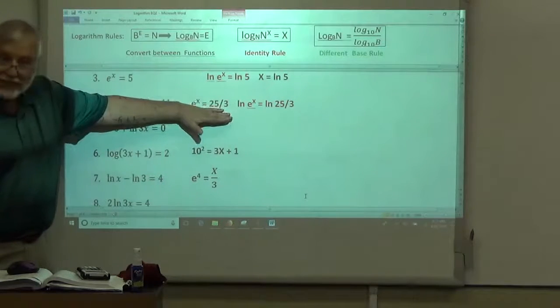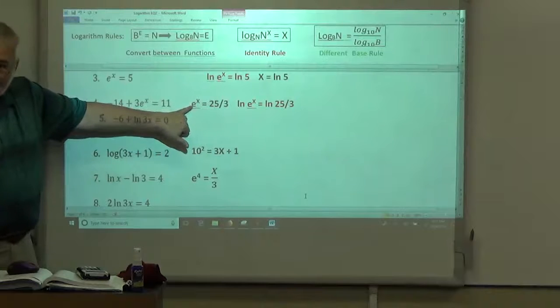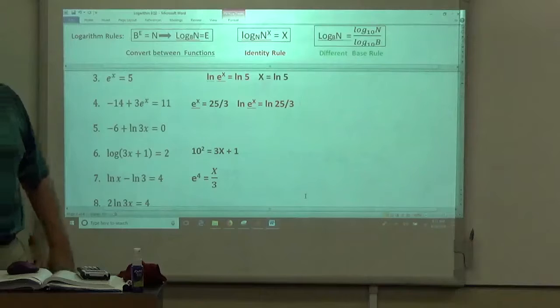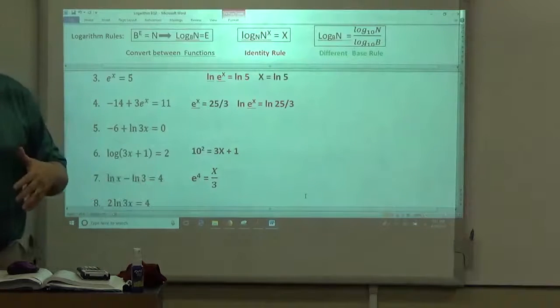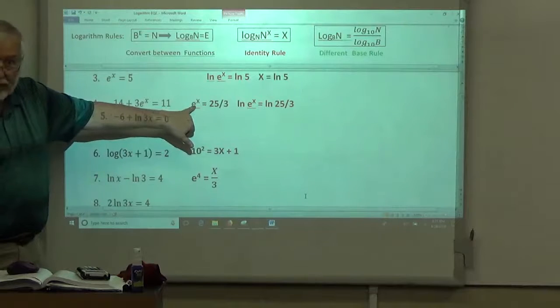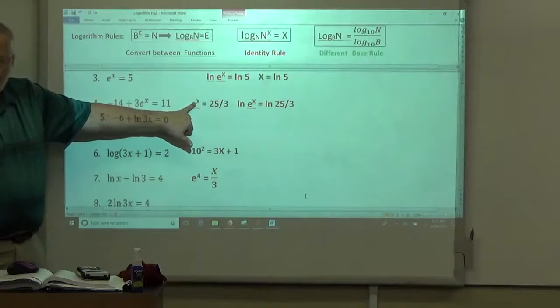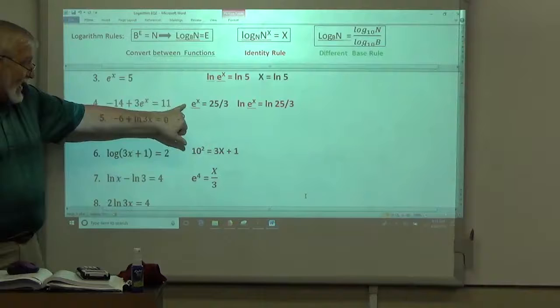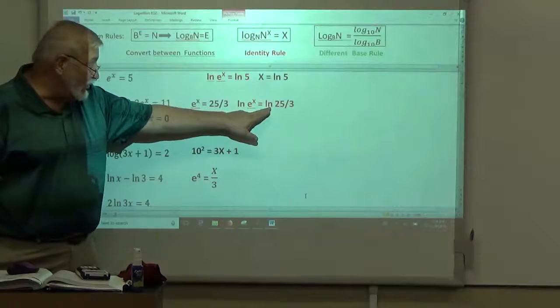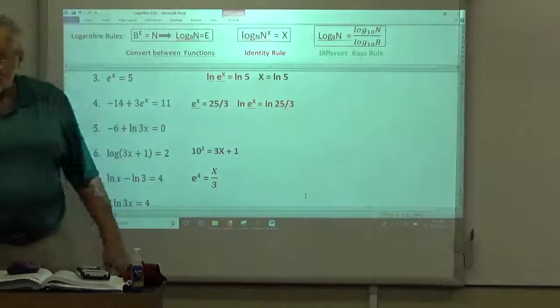Now this, I can get at the x by taking ln. And had this been a number like 5 instead of e, then I would have put log base 5. But because e has a special case, I'll take ln of this side and ln of that side. And so the value will be the ln of 25 divided by 3.